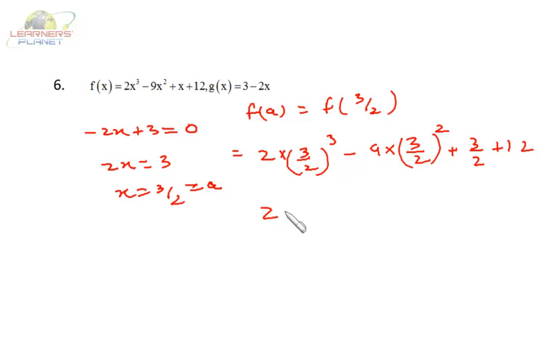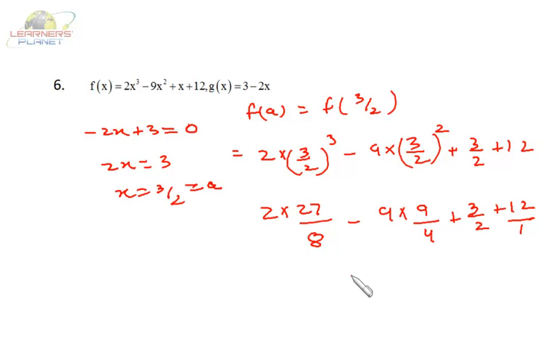So it's 2 into 3 cube is 27 and 2 cube is 8, minus 9 into 3 square is 9 and 2 square is 4, plus 3 by 2 plus 12.